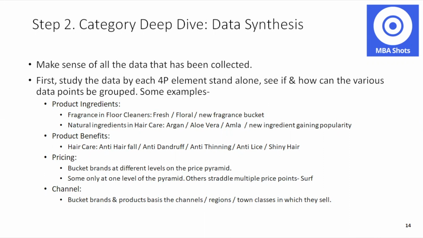So as you're studying the category, you're going to see SKUs in the channel basis the different channels that we talked about. Is it e-commerce heavy? Is it one of the categories which has taken to e-commerce a lot faster, a lot bigger than the other categories?